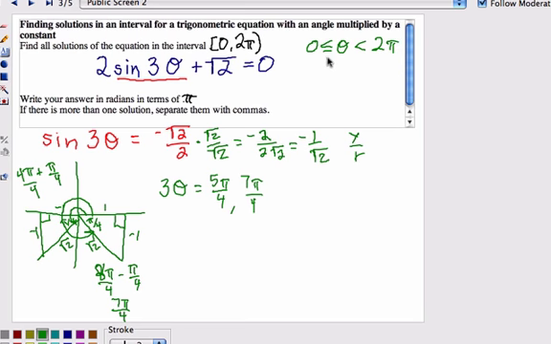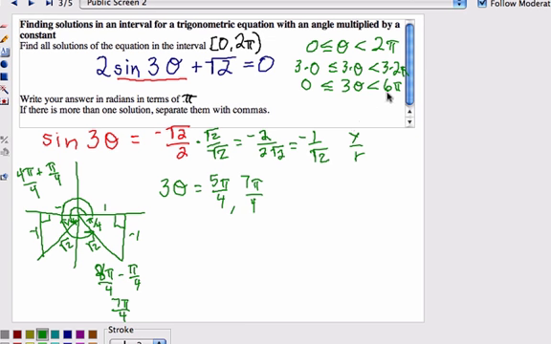But I need to multiply everything here by 3 because I am finding out what 3 theta is first. So if I go through and multiply everything by 3, this is going to give me 0 is less than or equal to 3 theta, which is less than 6 pi.